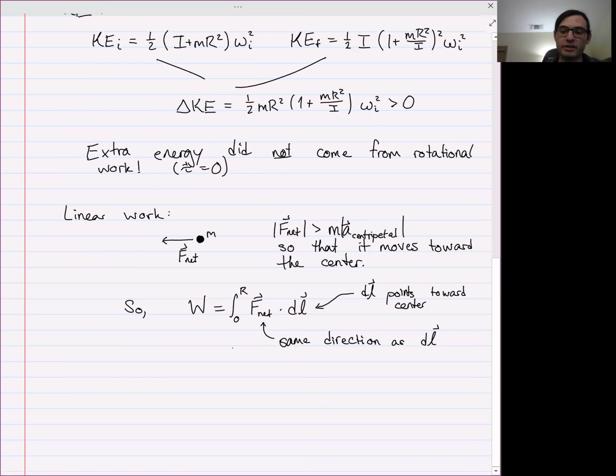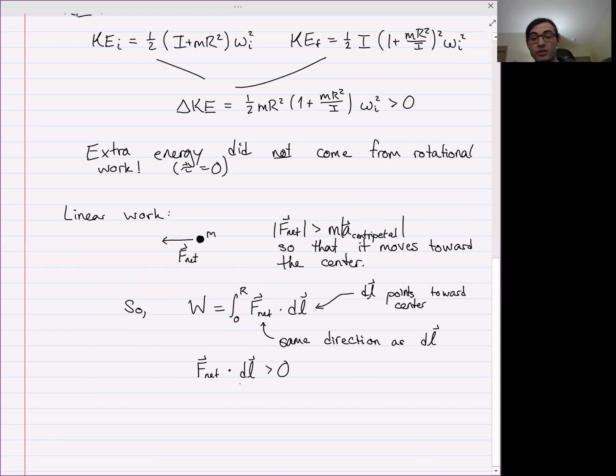So what this implies, those two facts combined, means that F net dot dl is greater than 0, because they point in the same direction. Any two vectors that point in the same direction, if you take their dot product, give you something greater than 0. And we then just integrate. So this is a function that's strictly greater than 0.